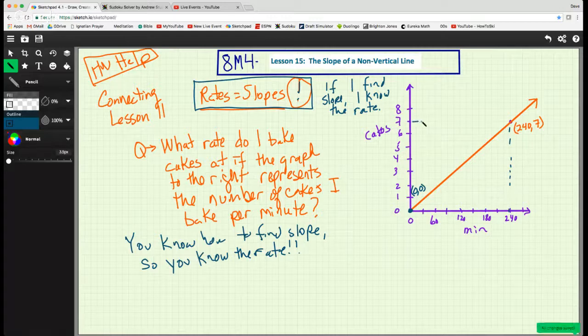What I need to do is find, this is my y and this is my x, and so I need to find my delta y over my delta x. Well, my delta y is 7. My delta x is 240.